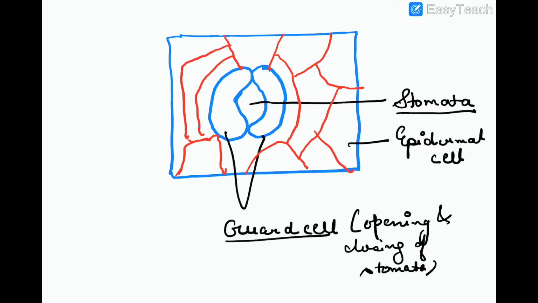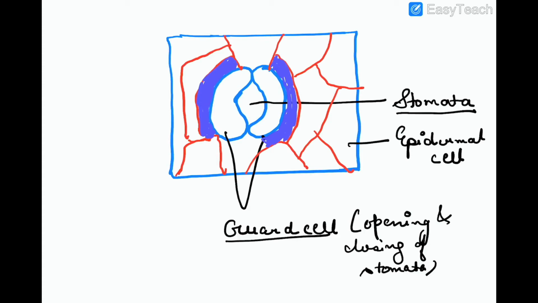Sometimes some epidermal cells near the guard cells become specialized, which I am drawing in purple color here. Some cells surrounding the guard cells have become specialized in shape and size.